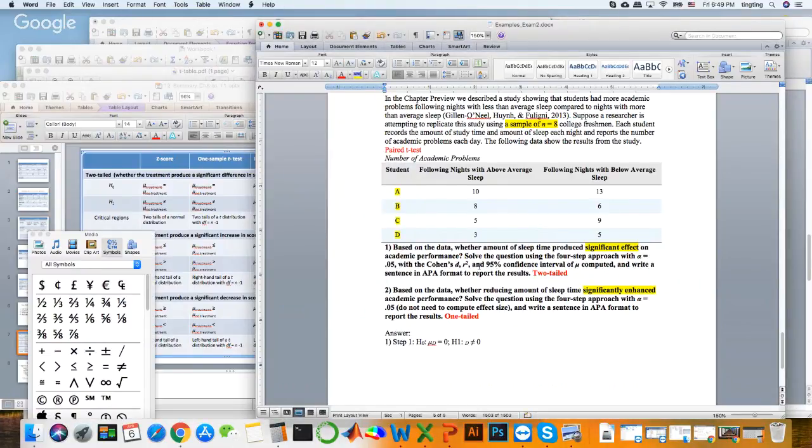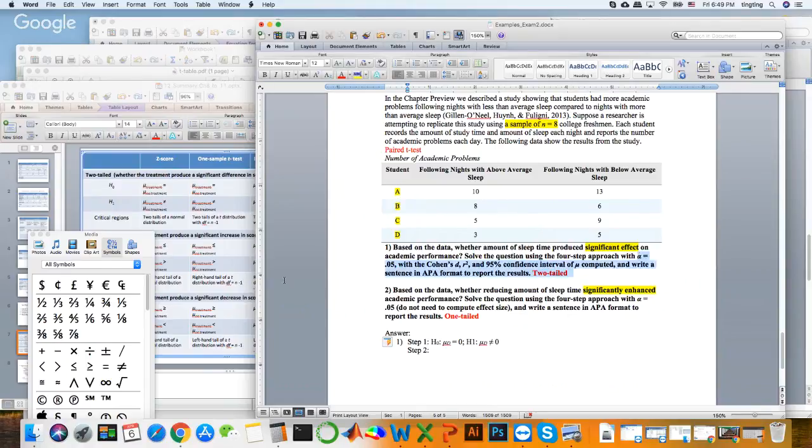The D score is the difference between the scores in each condition for each subject. So that's it. And step 2, to determine the critical region.